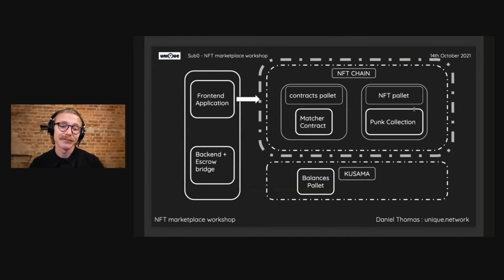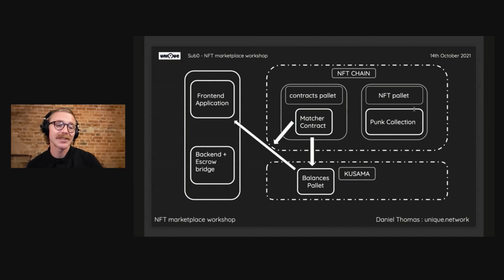The user signs it, the transaction is broadcast. Once the KSM transfer is final, the escrow scans the transaction block and registers the KSM deposit in the matcher smart contract, so that the matcher has information that a certain KSM balance was received from the buyer.